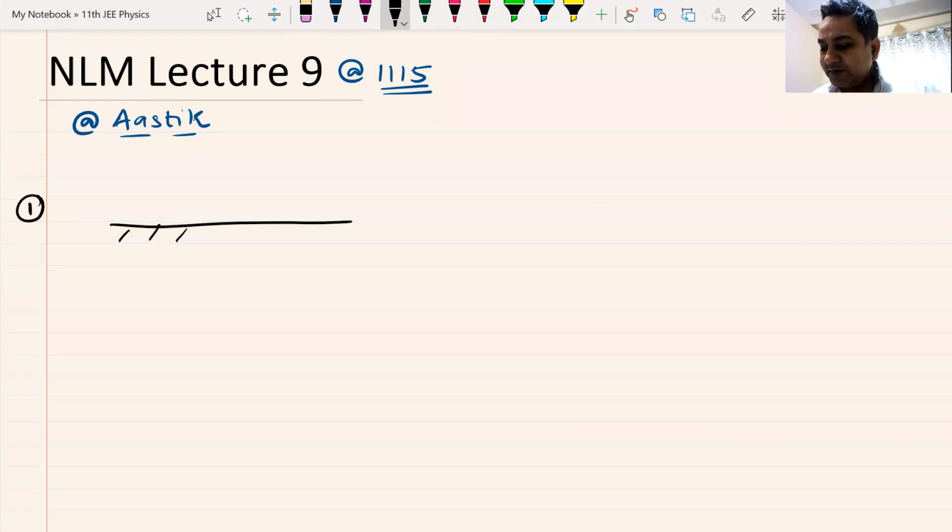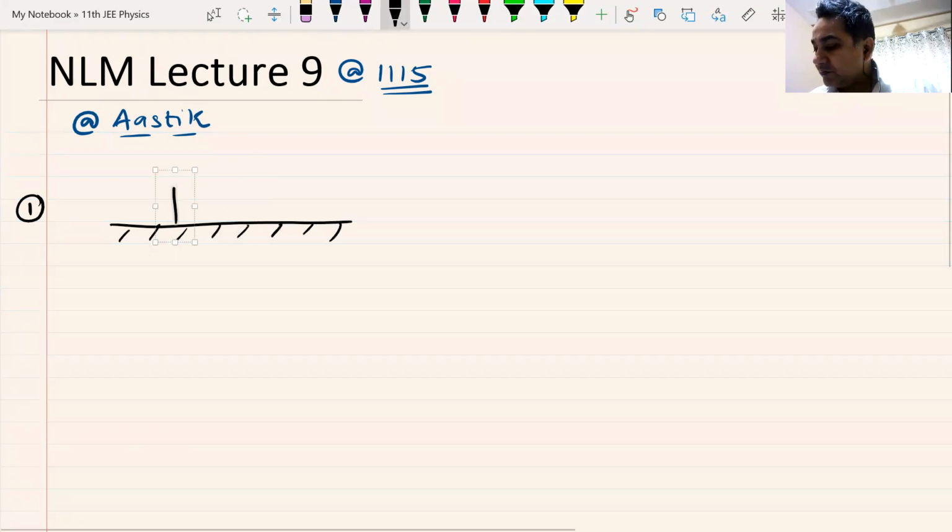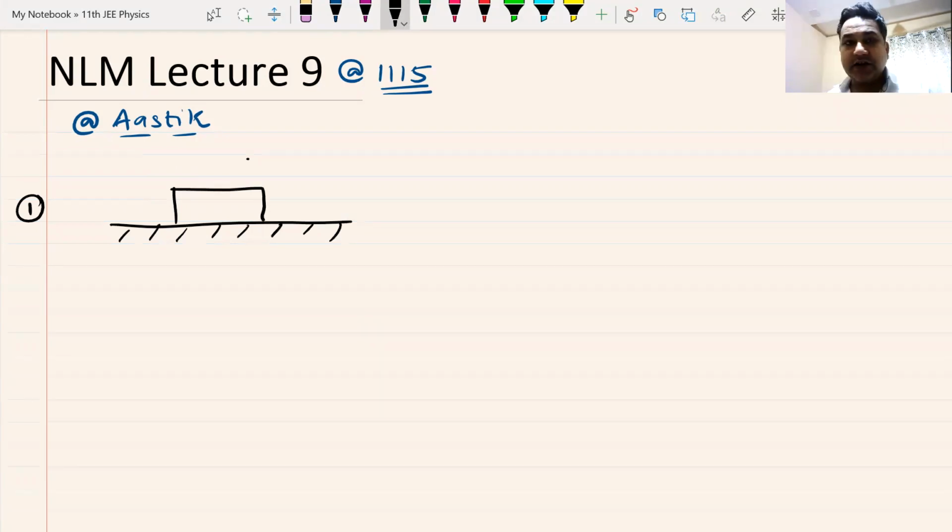The question will be simple in the beginning, and as we go ahead, we'll keep on changing the intensity of the question. So this is a block of mass 5 kg.